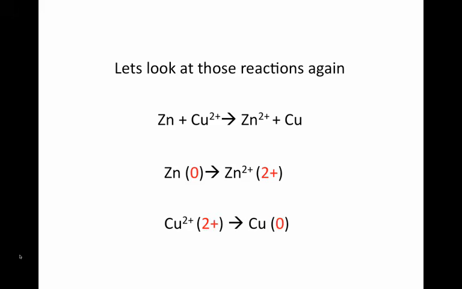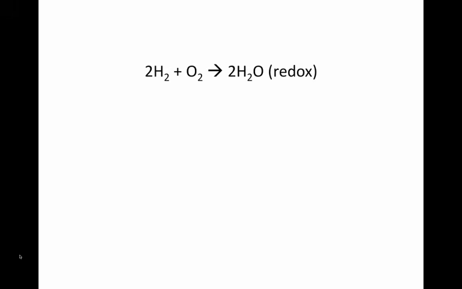And copper goes from copper 2 plus to copper 0. So zinc is being oxidized, it's losing its electrons, and copper is being reduced by adding electrons and reducing the oxidation number.